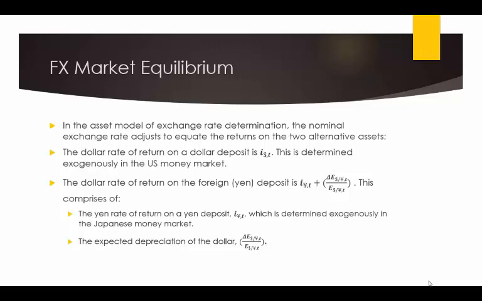When this yen rate of return is added to the expected depreciation of the dollar-yen exchange rate, the entire expression is called the dollar rate of return on the yen deposit. This allows the two rates to be fully comparable. Thus, foreign exchange market equilibrium holds when they are equal. The nominal interest rate therefore adjusts to keep the foreign exchange market in equilibrium whenever any of the other variables in the UIP expression change.